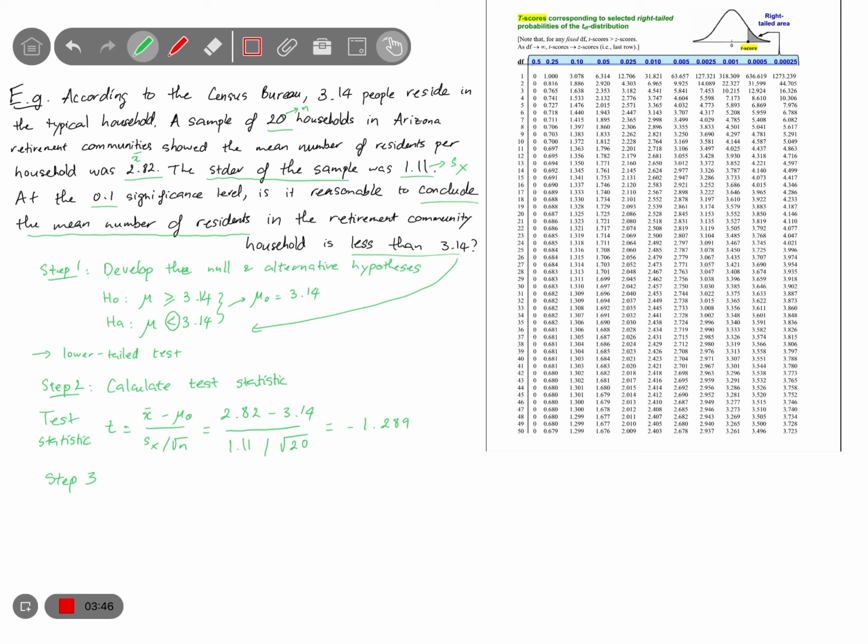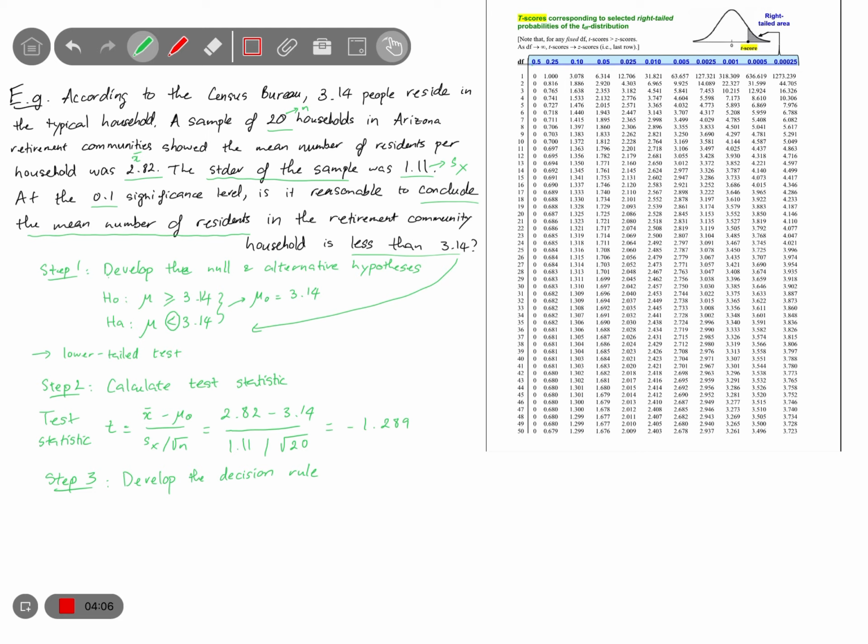Now, in step 3, we want to develop, or formulate, our decision rule.